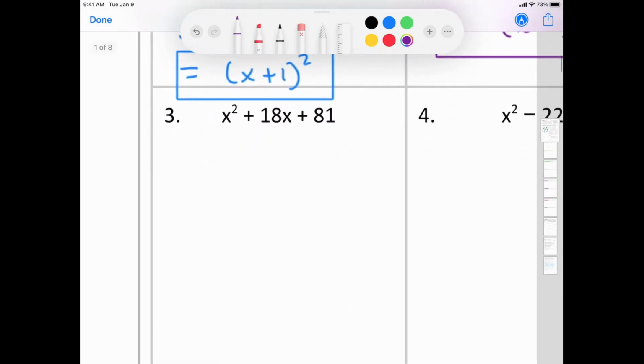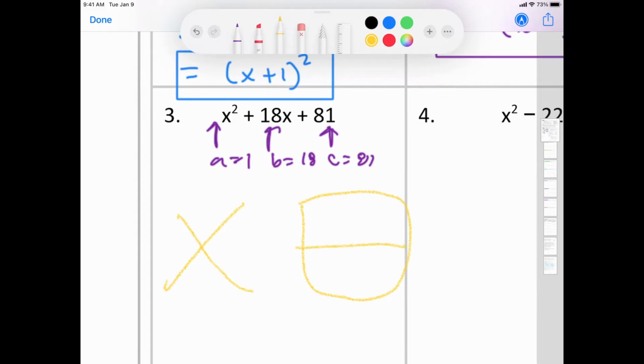Okay, let's try number 3. Same thing. A, B, and C. So A times C is 81, and my B value is 18.